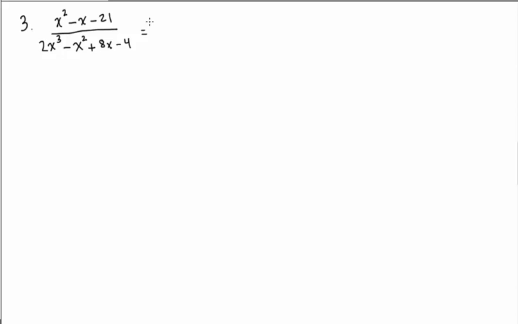You may want to pause and take a moment to see if you can actually factor that denominator. So we're going to have some numerator over some denominator factored. Now, if you press pause and try this, you may or may not have successfully seen that we need factoring by grouping.